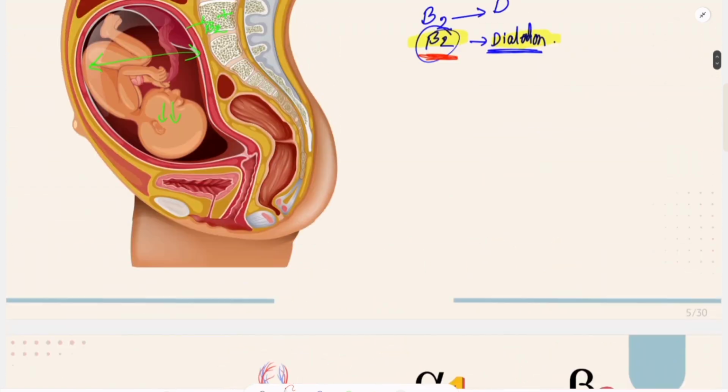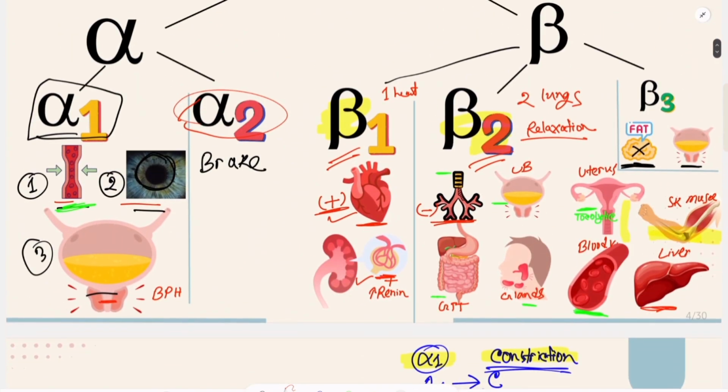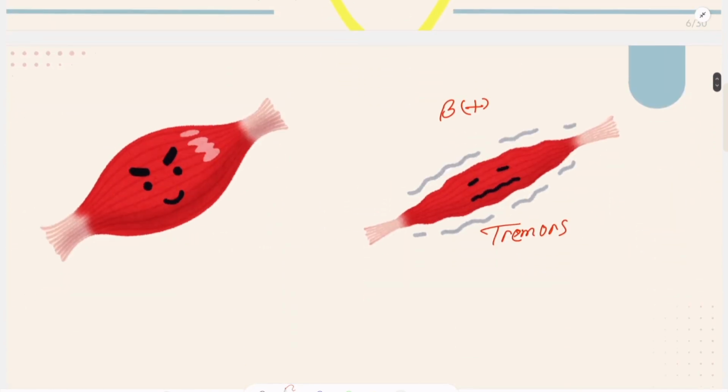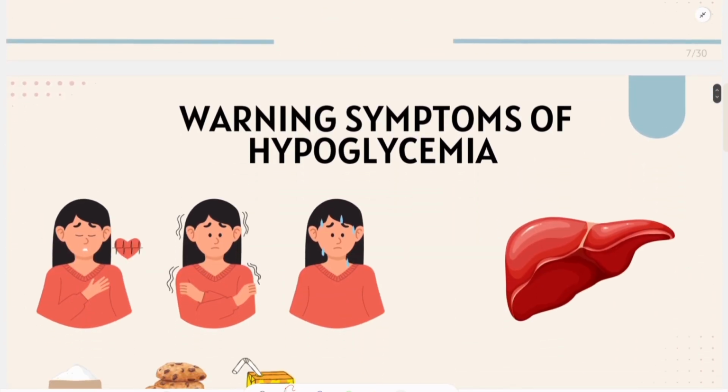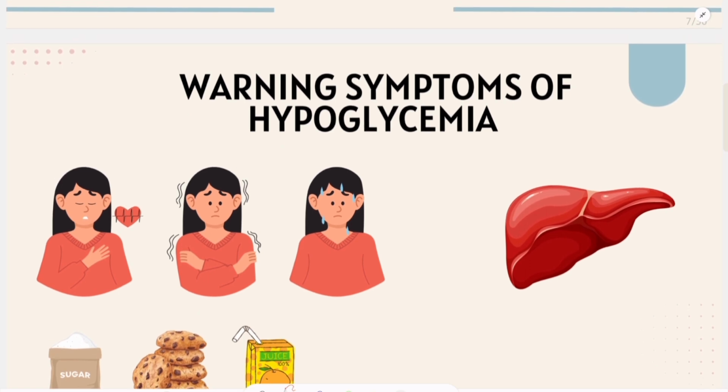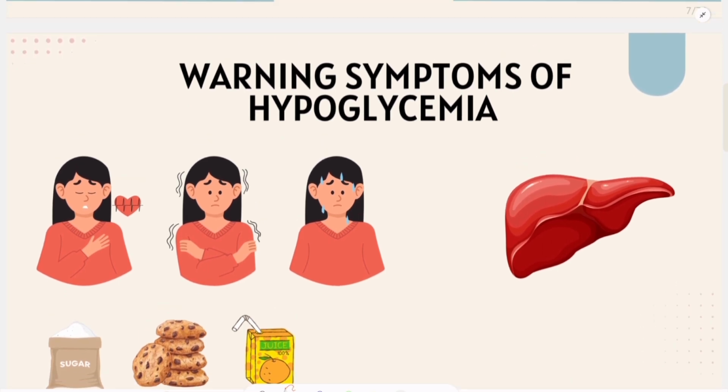Now the last organ is liver. There is presence of beta 2 receptor in the liver. Before discussing the action of beta 2 in liver, we need to answer some important question. Which is more dangerous? Think, hypoglycemia or hyperglycemia?